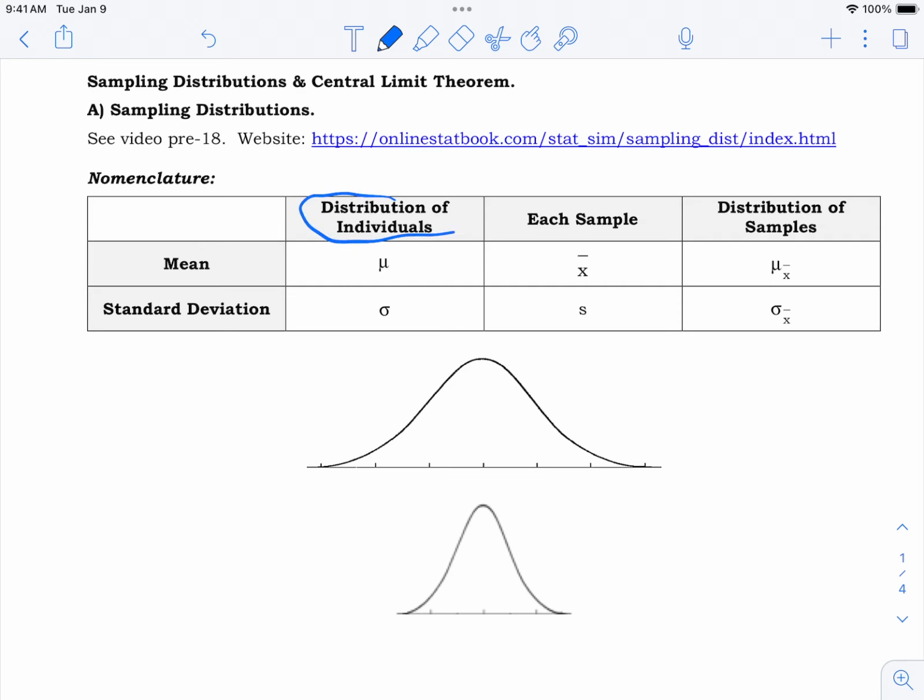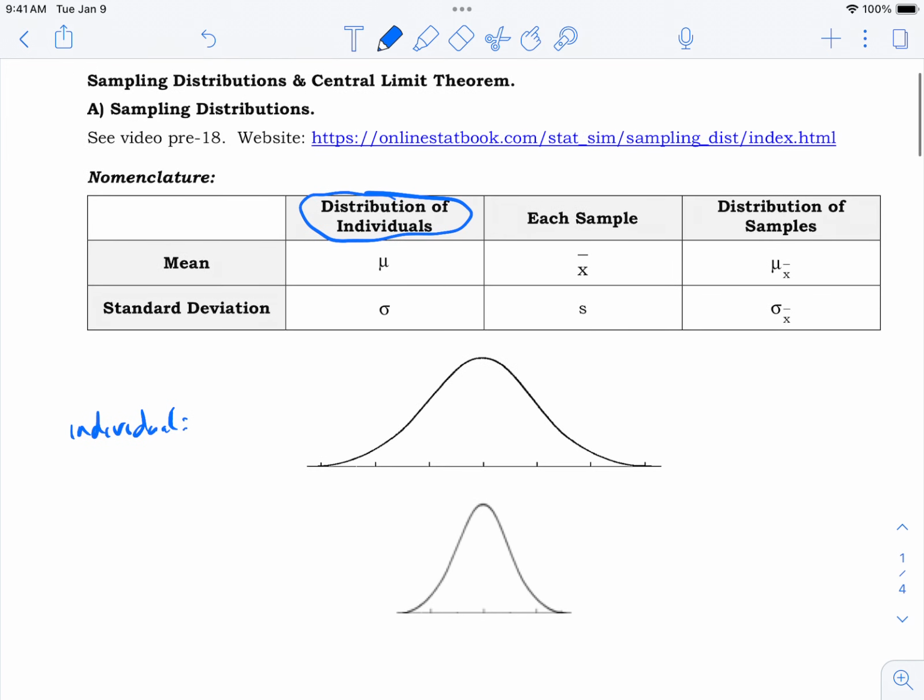If you have a distribution of just individuals, like individual kaiju, I think it was weights of individual kaiju, they're normally distributed. They had a mean of, I think, 16 tons, but that's the symbol you use for the mean of the individual kaijus, mu. And then they have a standard deviation, and you use the sigma symbol for the standard deviation.